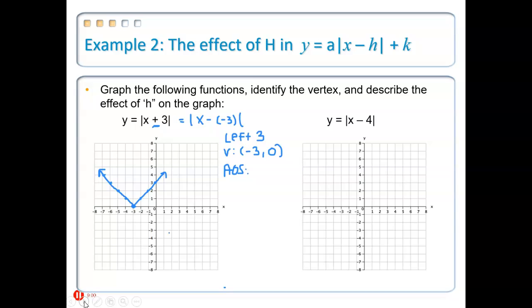The graph is no longer symmetric about the y-axis, or x equals 0. The graph is now symmetric through the line x equals -3. So my axis of symmetry is x equals -3. It is always equal to the h value of the vertex. The domain is all reals, and the range is y greater than or equal to 0.